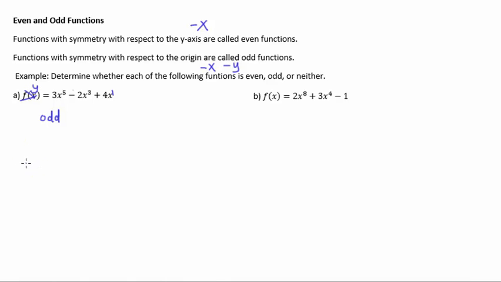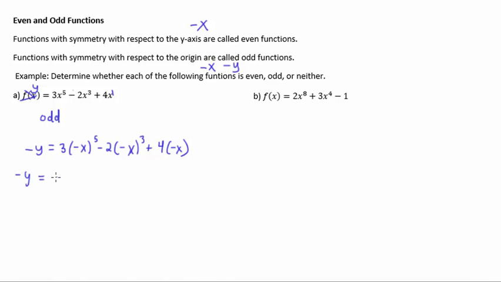Since it's odd and we know it's symmetry about the origin, that means if we put in a negative for y and a negative for all the x's, we should end up with our original function. Okay, well, the thing is that with odd powers, each of these things changes signs.